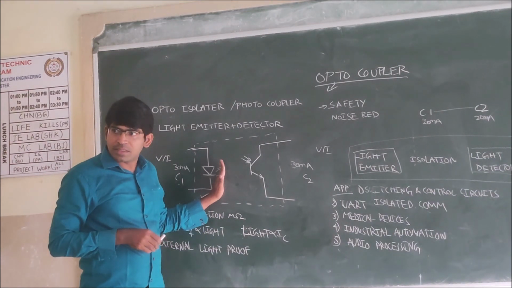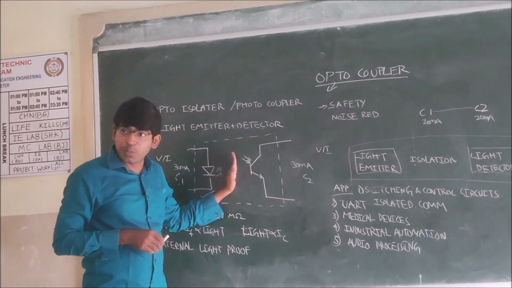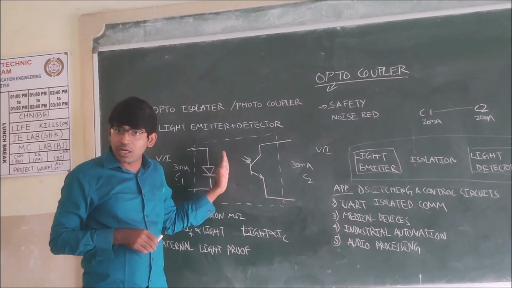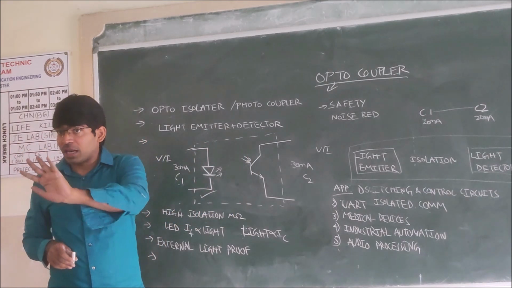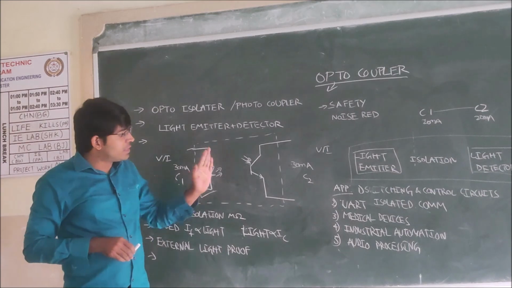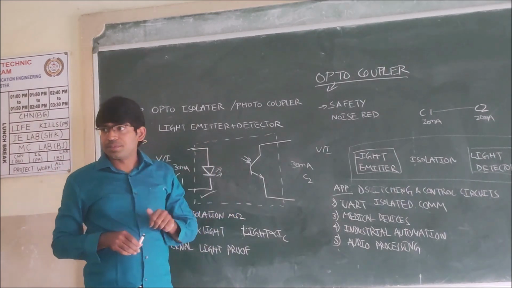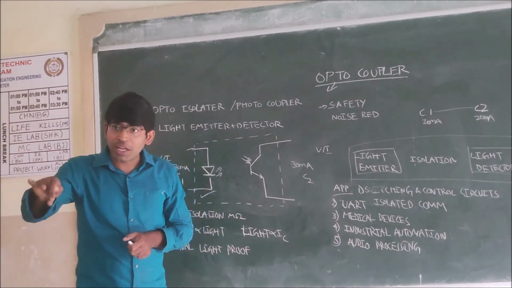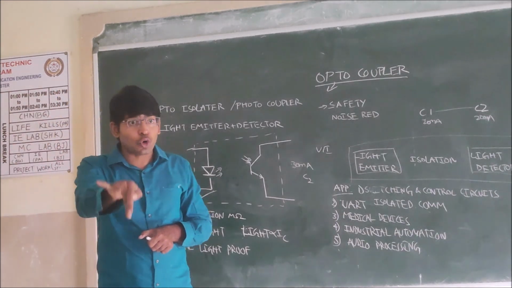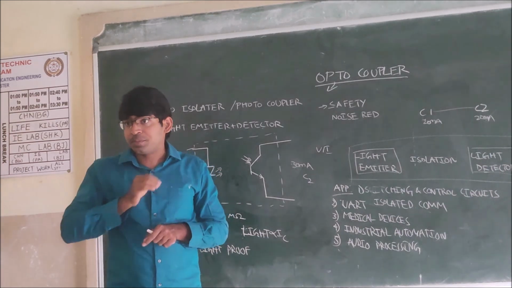This light, because it is a transparent medium, is allowed to go through, and it is electrically isolated. It will not allow any electric current through it. This light falls on the light detector. This might be a photodiode or phototransistor, but because a phototransistor has an extra ability compared to a photodiode, we are using the phototransistor here.